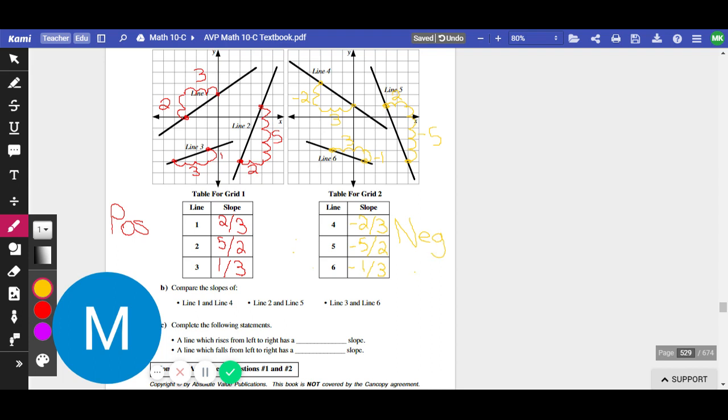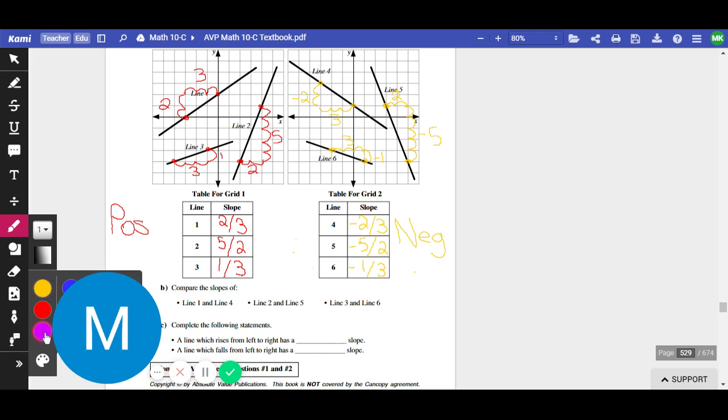If you look at the yellow slopes, they're all negative. Visually, these 3 lines all look the same in the sense that when you go from left to right, they're trending upwards. See how they're all going towards the top right corner? If you look at yellow lines and move from left to right on any of those lines, they're all trending downwards overall. You should be able to look at a line and know if the steepness is going to be positive or negative just by the direction that the line is going.